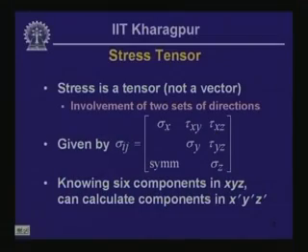And we have got a mathematical rule that we can derive, which actually allows us to compute the 6 components in x prime, y prime, z prime system from the 6 components of the stress tensor given in x, y, z coordinate system.